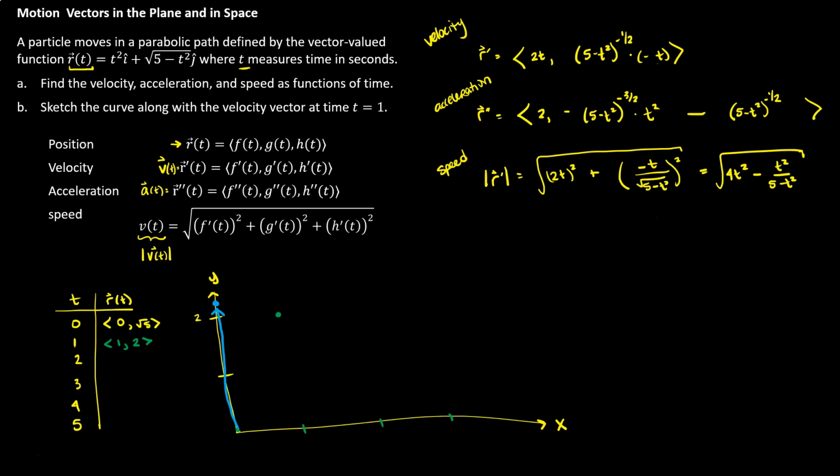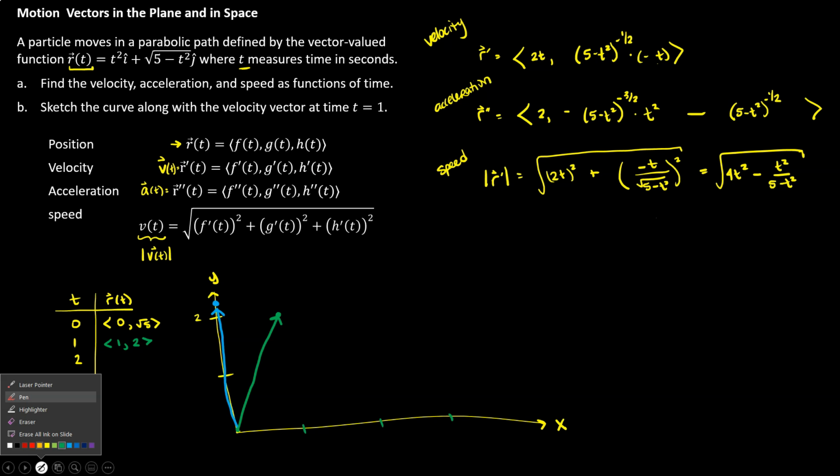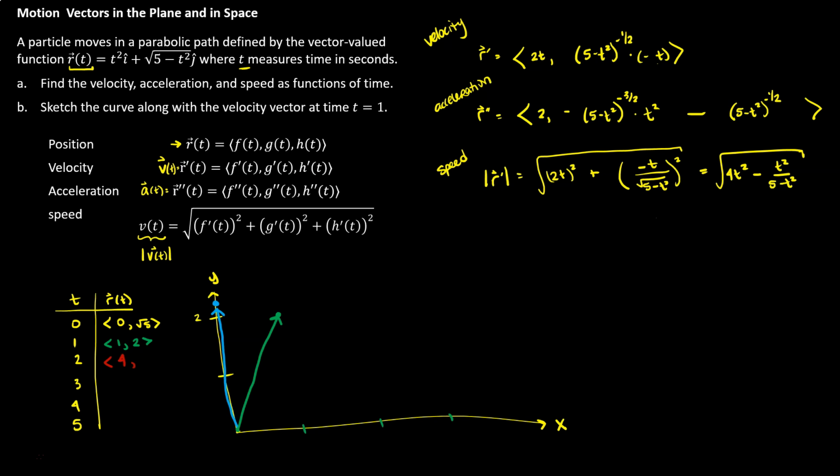So this vector is going to point to this point. And then if we did another point, maybe we do 2, that would give us the vector 4, comma, 1. So we go 4 in the x direction, up 1 in the y direction. The vector function would be pointing to this point.